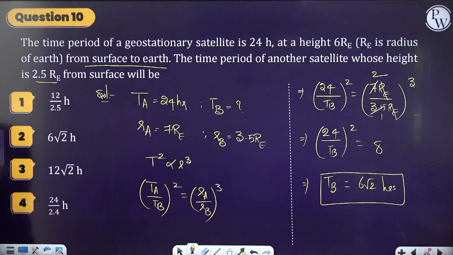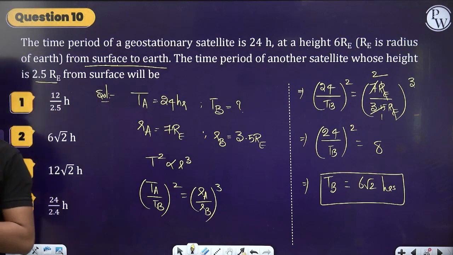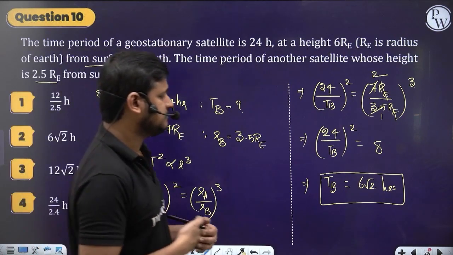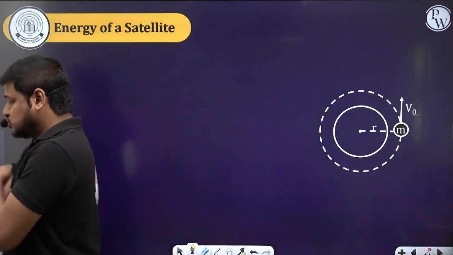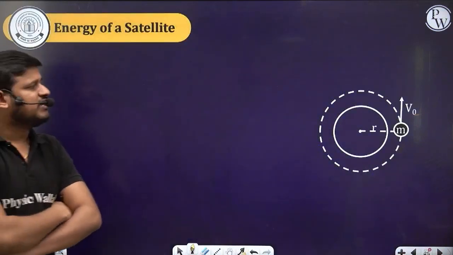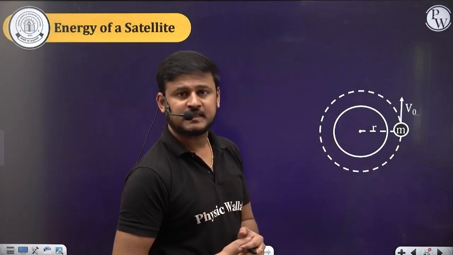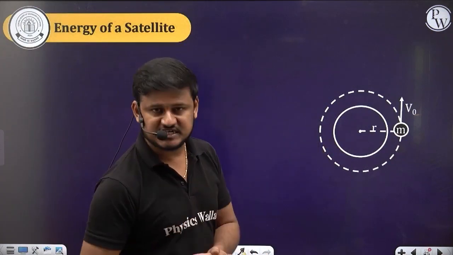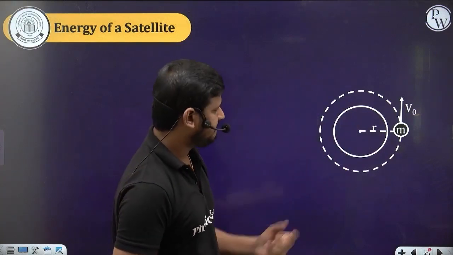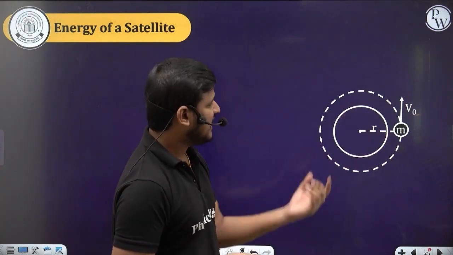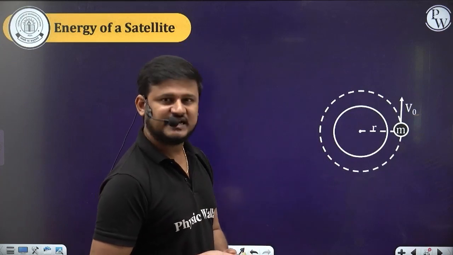Good. Next, let's go for the energy of the satellite. If a satellite is revolving around any planet, it will possess two kinds of energies. One is potential energy because it is at some height, and the other is kinetic energy.